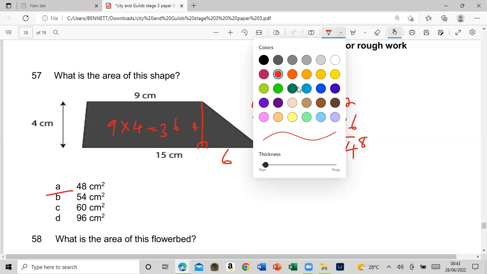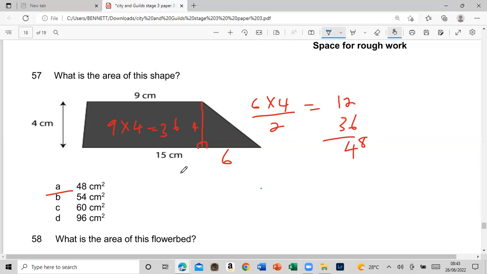All right, I did say I was going to show you both ways. So basically, it's a trapezium, right? So 9 plus 15, that's the formula, times the height, which is 4. I get a fraction. 2 into 2 is 1, 2 into this is 7 and a half.